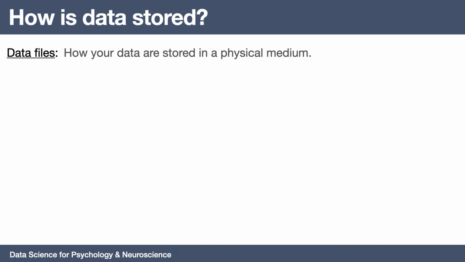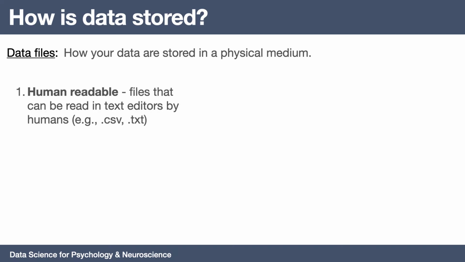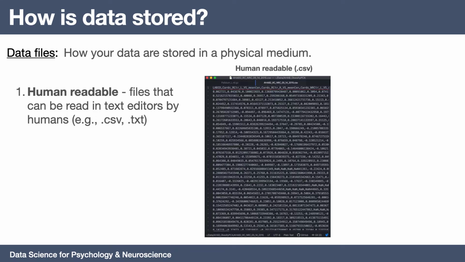And there are two types of data files that you're going to be working with. Human readable files. These are files that can be read in text editors by humans. So comma separated files, text files, Word files. They look like this. If you just open them in a text reader, you should be able to see the numbers and the character strings.